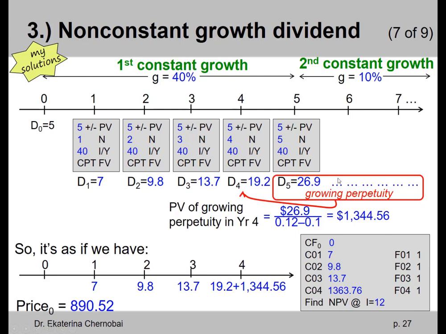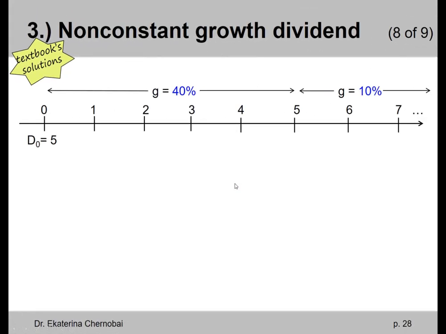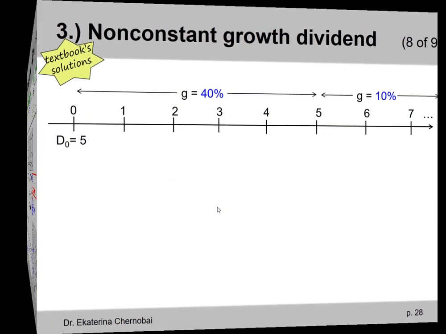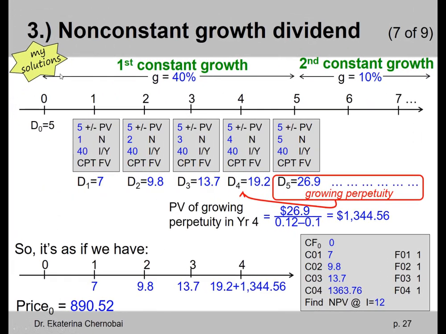Essentially this whole solution involves more steps, but you don't have anything complicated like this growing annuity present value, which you can only do by hand. So I think there is an advantage to my version of solving this problem in that every single step can be done pretty easily.